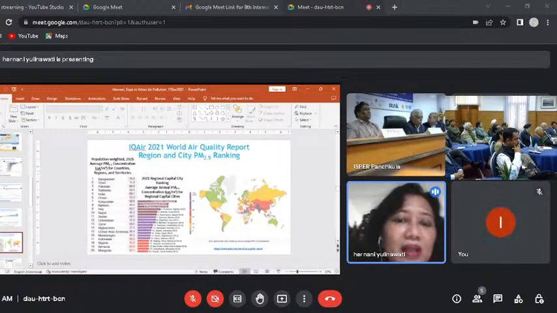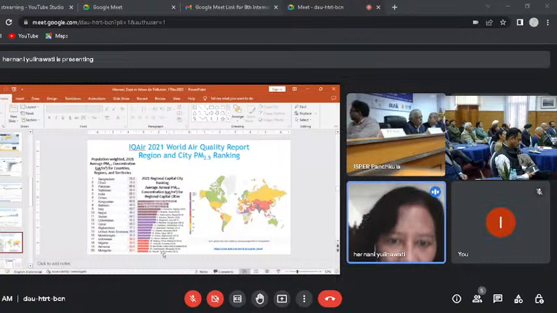And last year's data from IQAir, the World Air Quality Report by region, we'll see India is number 5, Indonesia is number 70, and for capital cities, New Delhi is number 1, and I think Jakarta is number 12.